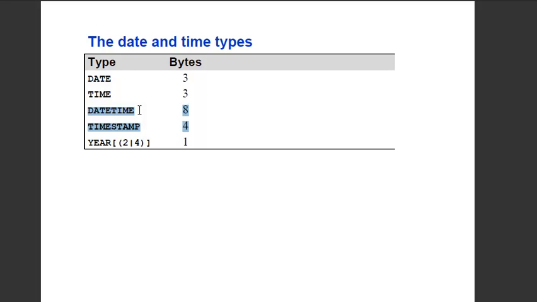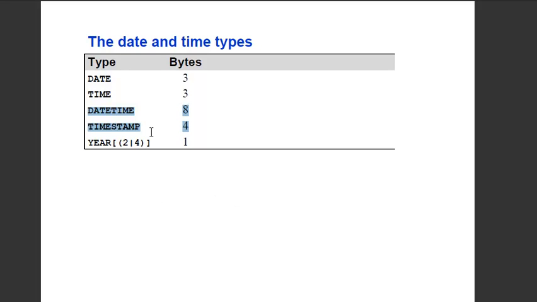That kind of application is probably going to be mostly compatible with a timestamp type. Now the other type, datetime, is probably a type that might involve date information coming from other sources, not necessarily from the timestamp function in MySQL, but maybe from some other applications.